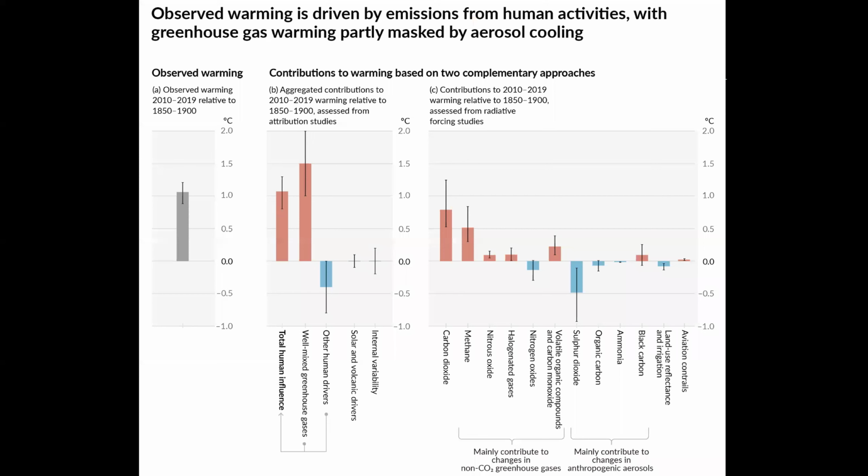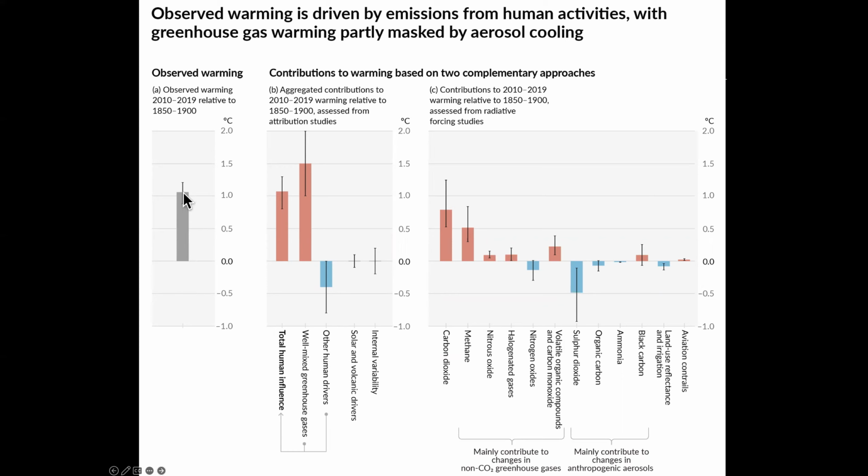Okay? So here's another way of looking at it, the observed warming driven by emissions from human activities. So you can actually sort of break it down: carbon dioxide, methane, nitrous oxide, and so on. The red contribute to positive forcings, right? And the blue contribute to negative forcings or cooling. Blue cooling, red warming. Make sense? And here's the example. We have warmed up.